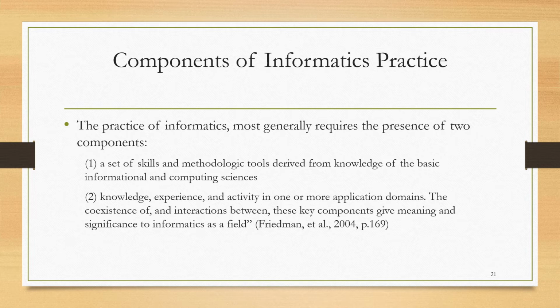The second is knowledge, experience, and activity in one or more application domains. The coexistence of and interactions between these key components give meaning and significance to informatics as a field.